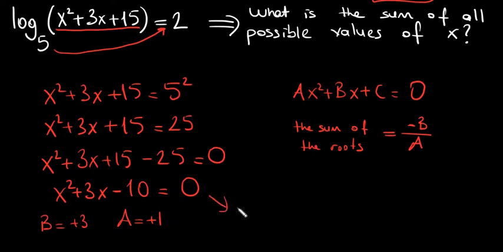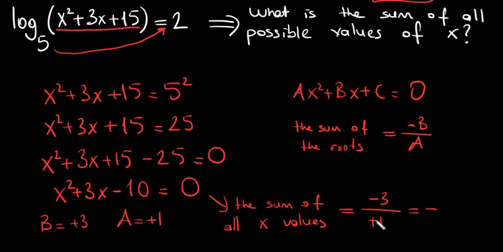So in this case, the sum of all possible x values is just going to be equal to negative 3 divided by positive 1, which is negative, since negative divided by positive is negative. 3 divided by 1 is 3. So this is going to be the answer.